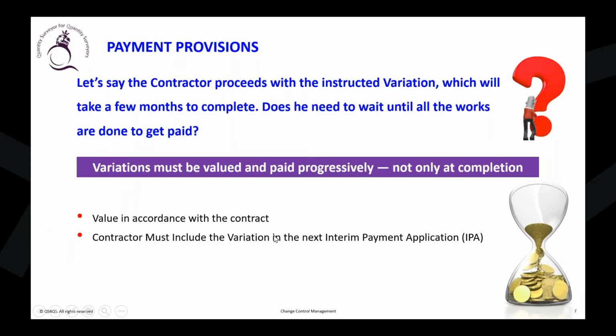And second, once you encounter any variation, you have to include it as a contractor in your upcoming interim payment applications. You don't need to wait until the work is fully done.